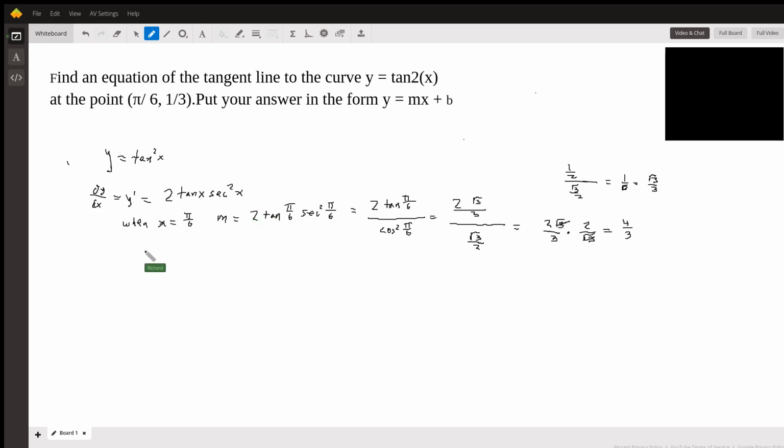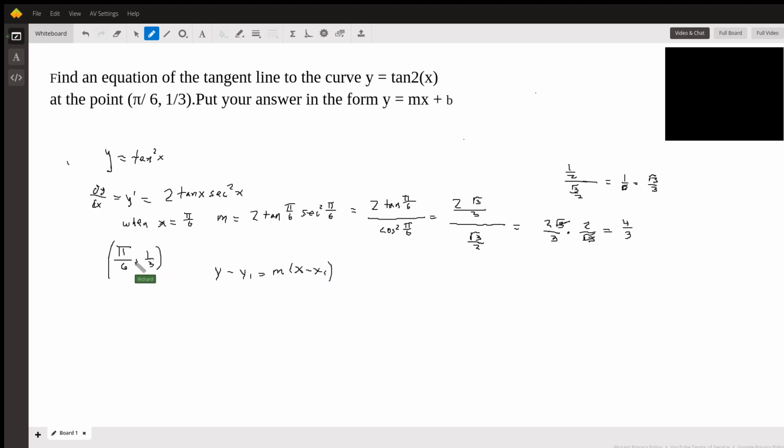Okay, now the point we're interested in having the tangent line travel through is pi over 6 comma 1/3. So I'm just going to use the point-slope form of the line, which you might remember. Y minus y1 is equal to the slope times x minus x1.